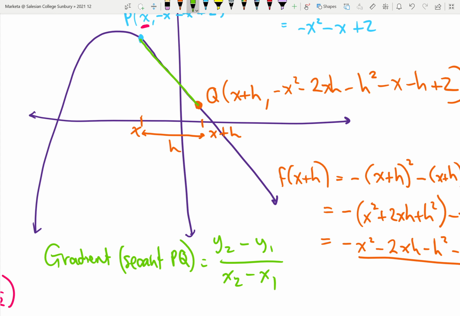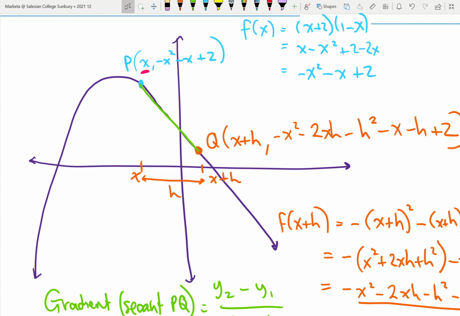Well, we've got our 2 points, just like any 2 points. If this was 1, 3, and this was, we'll make it a negative, and this was 4, 1, then you'd say y2 minus y1 over x2 minus x1, and you'd find the gradient, just like you did in probably year 8, and that would be really easy.